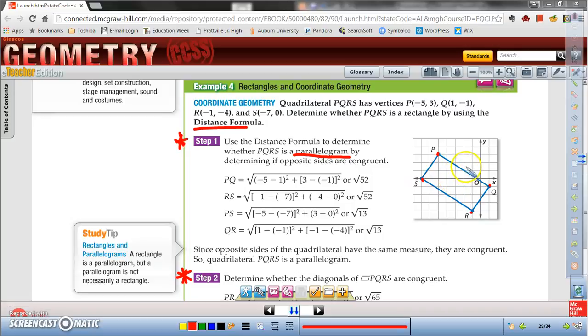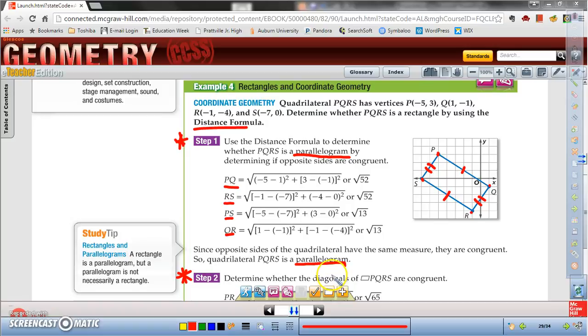So if I have the same distance from P to Q that I do from S to R, then I know those two are congruent. If I have the same distance from P to S that I do from Q to R, then I know those two sides are congruent. And that's what you see being done here, just plugging in coordinates into the distance formula. And in this case, I do have opposite sides that are congruent, so I know that it is a parallelogram.